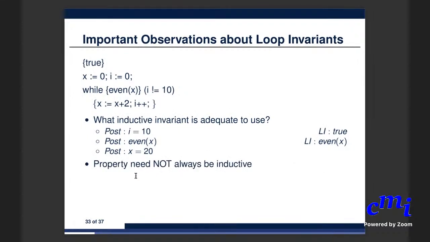So the choice of your loop invariant, a safe and adequate loop inductive invariant that is adequate to do the proof, requires challenging, and the challenge lies when the property that you want to prove is not an inductive invariant.